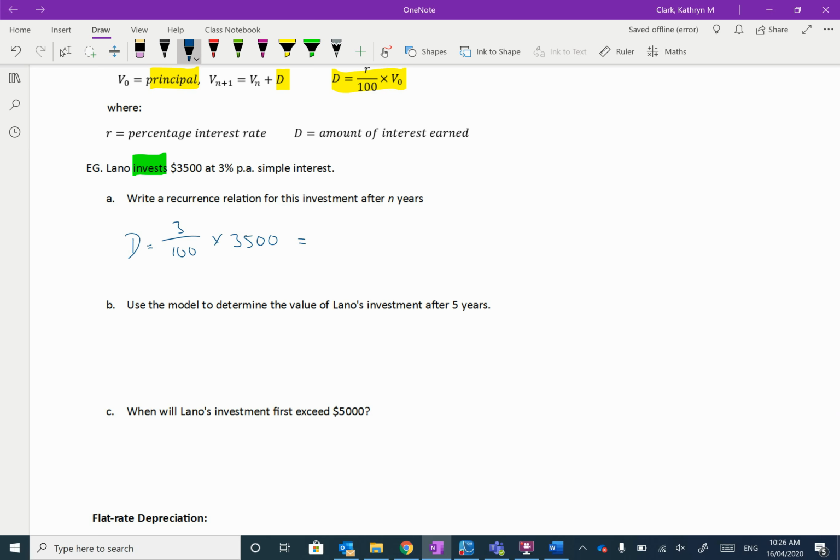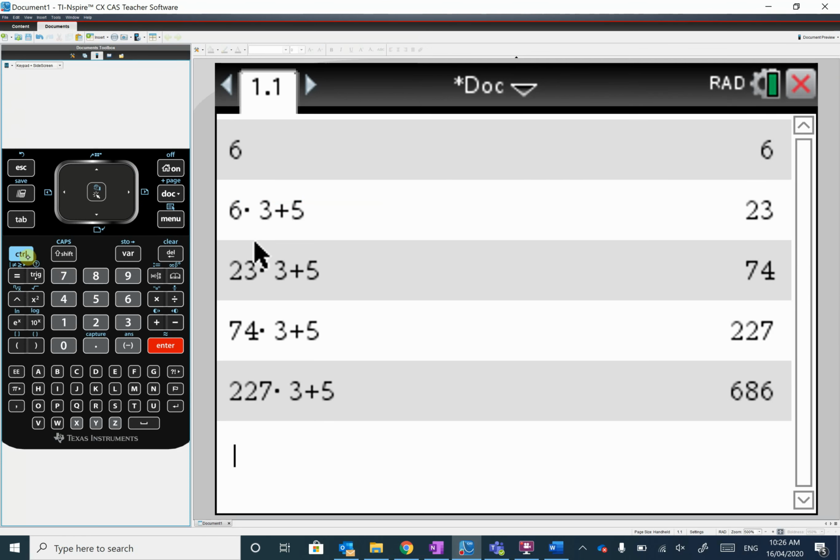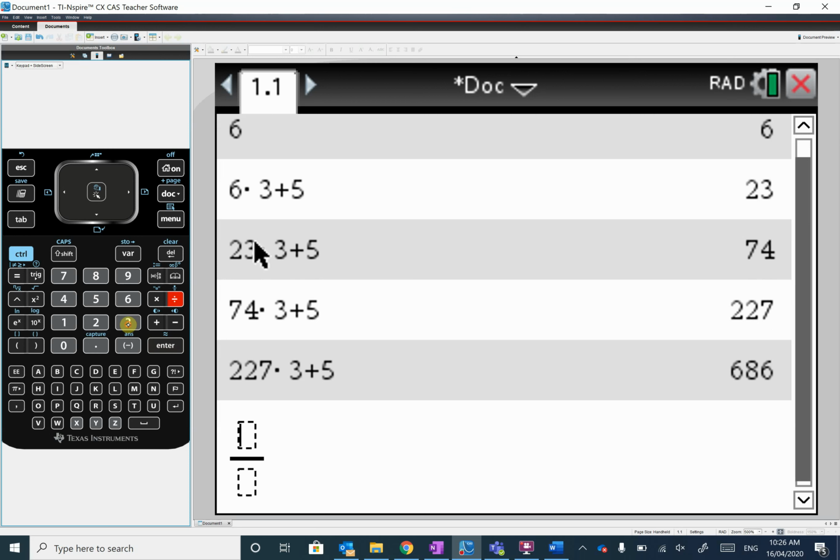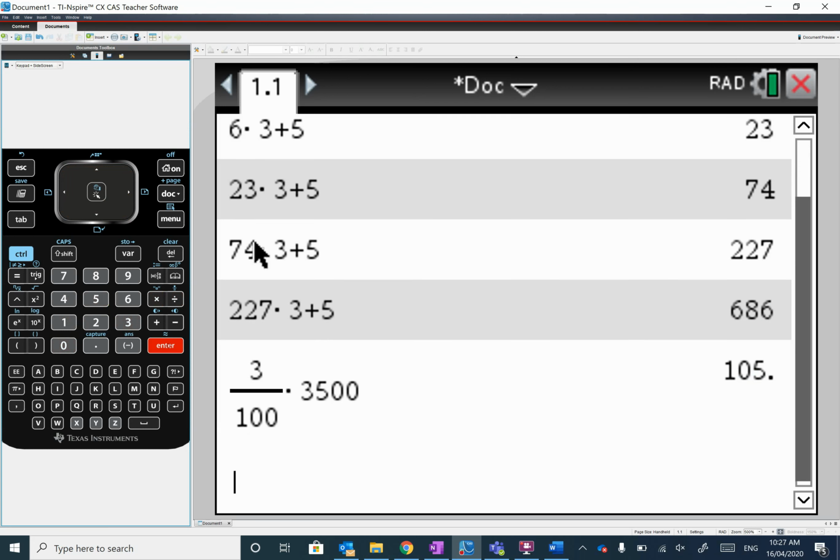We're going to work out what that is: 3 divided by 100 times 3,500. That's 105. Perfect.